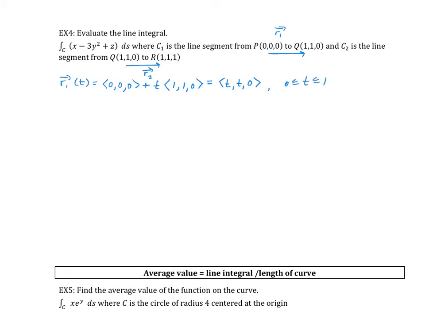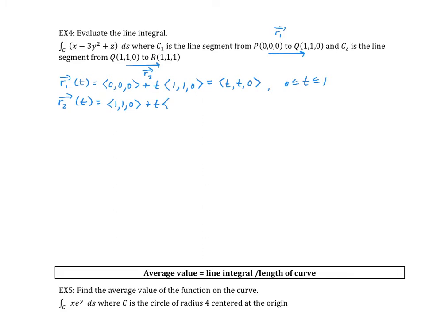Now, if this were the path of an object and t was time, when I write my second curve, I have to start at t equal to 1. However, this is not. Since these are two separate line integrals for each curve, I can start my second curve at t equals 0 as well. So I don't have to be careful with that. So r sub 2 of t is going to start at 1, 1, 0.